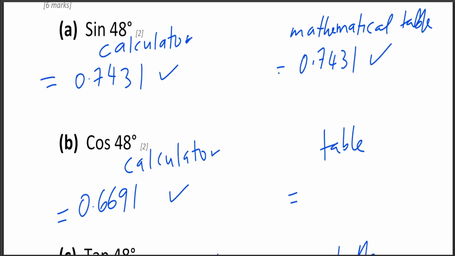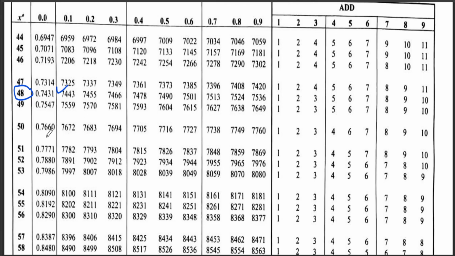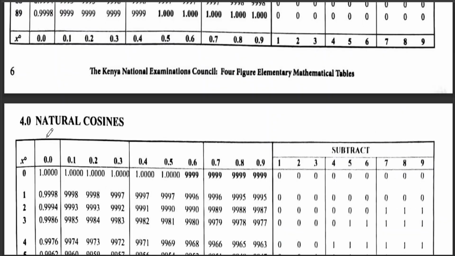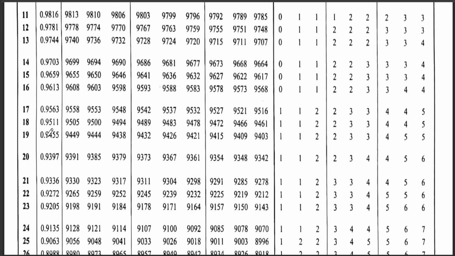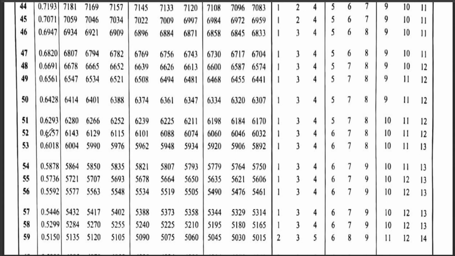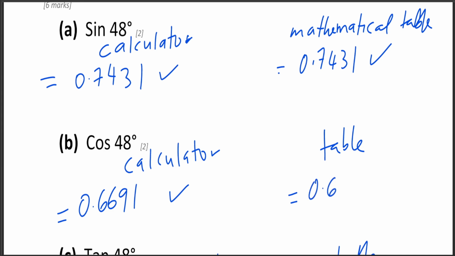So katika table pia ukienda kwa cos 48, naenda kwa natural cos 48 hapo hapa, which is 0.6691, which is the same.